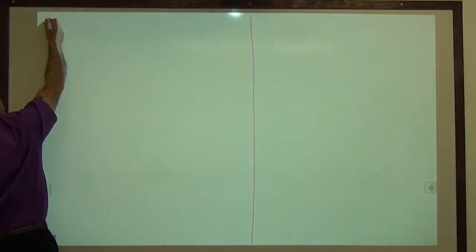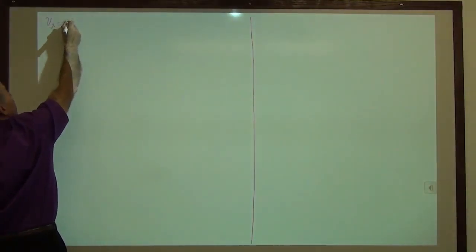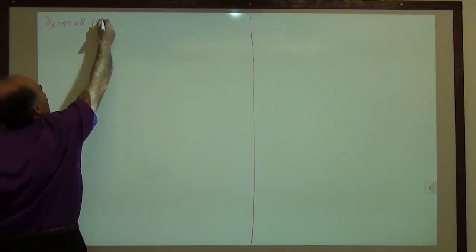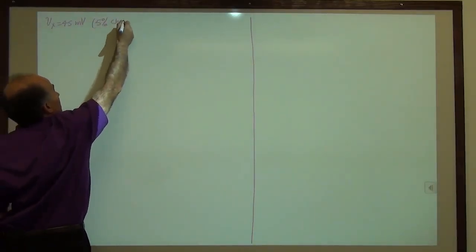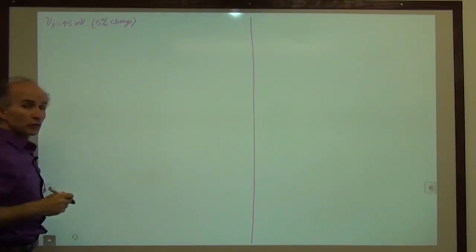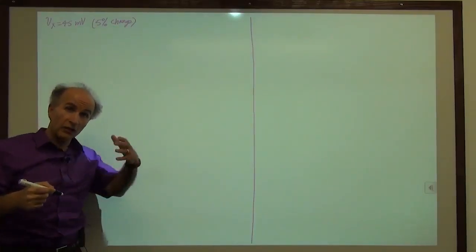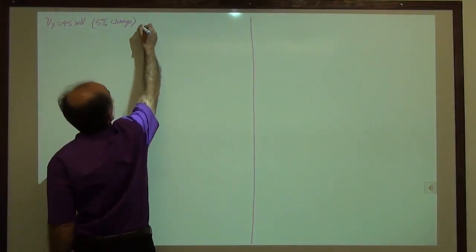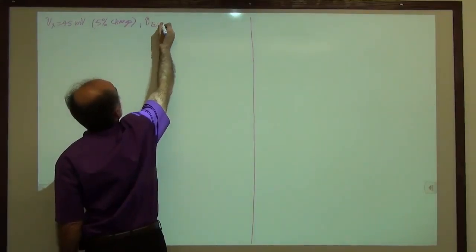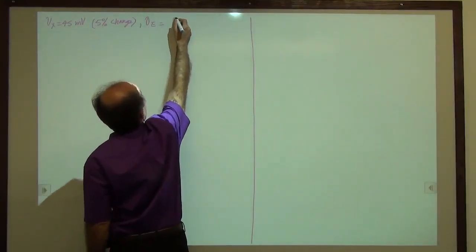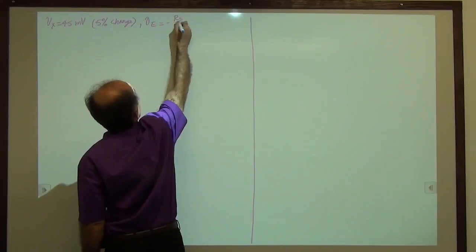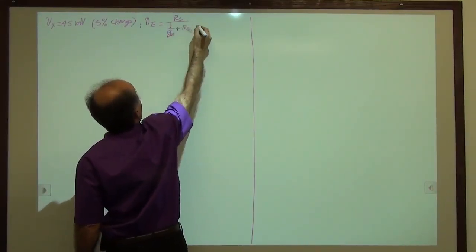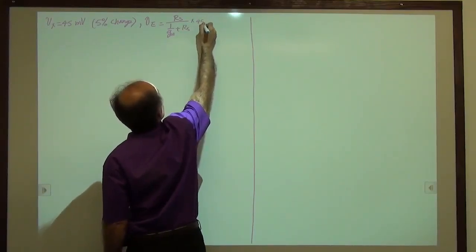Okay, so Vx is 45 millivolts, a 5% change. So little Vx indicates the change in big Vx, right? Okay, so Ve, the change in the emitter voltage, is equal to RE divided by 1 over gm plus RE, times 45 millivolts.